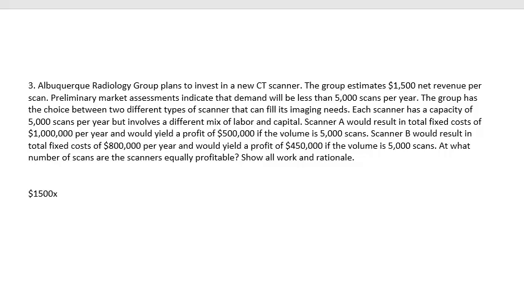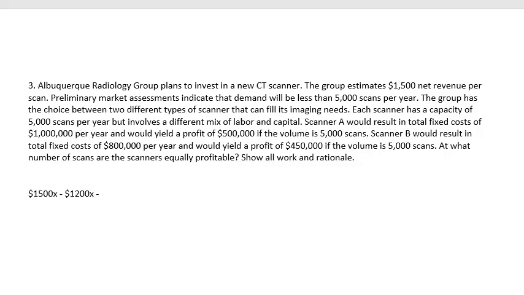We got to figure out at what point X is equal on both sides of this equation. I'll just at random put scanner A on this side, and scanner B on the other side. So this is scanner A. And then we're going to do minus our variable costs, which we calculated at 1,200 per scan.